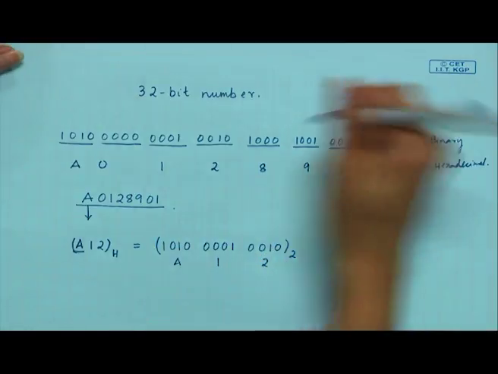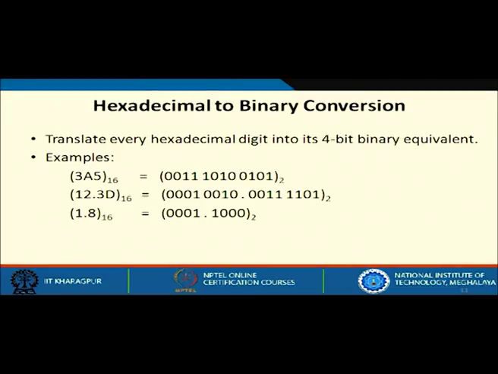So, this is how it is converted. Same way, 3A5 is converted, this is 3, this is A, this is 5. Similarly, 12.3D, this is 1, this is 2, this is 3 and this is D. And in the same way, 1 and 8 can be 0001 and 1000.